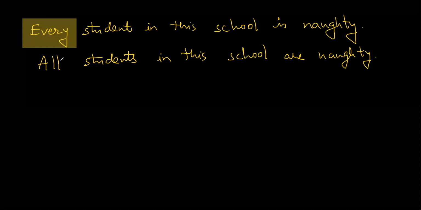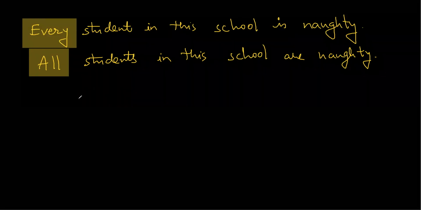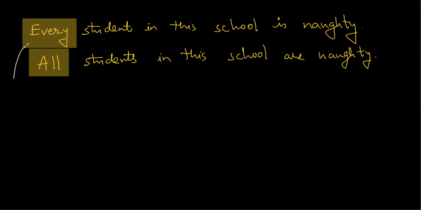The moment I say all, it gives you a clear picture. I'm talking about every, I'm talking about all, I'm considering each and every one. So the word all and the word every are known as universal quantifiers.